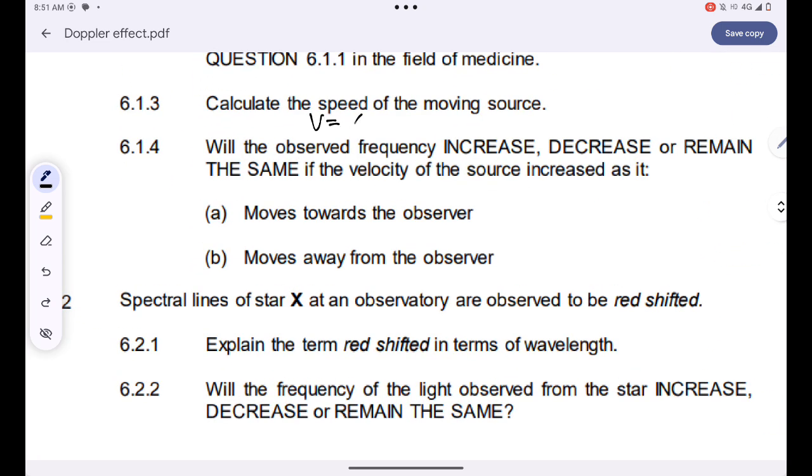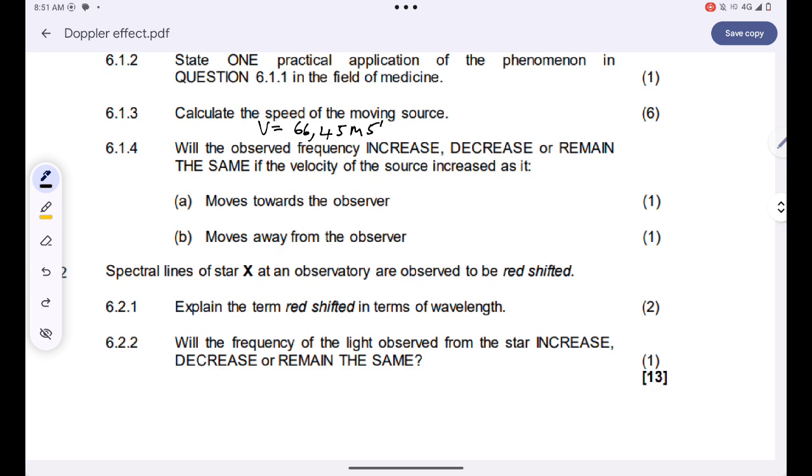We simply got 66.45 meters per second. Okay, will the observed frequency increase, decrease, or remain the same if the velocity of the source increased?